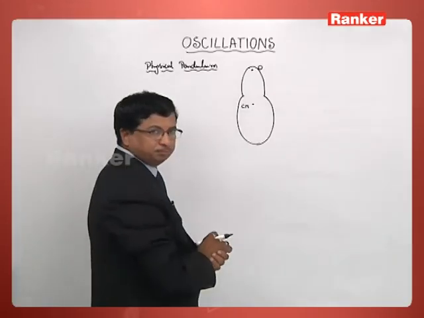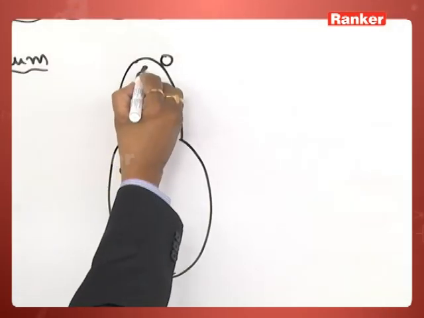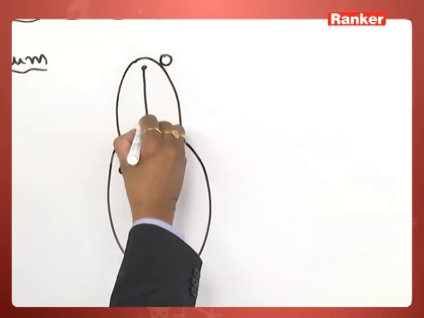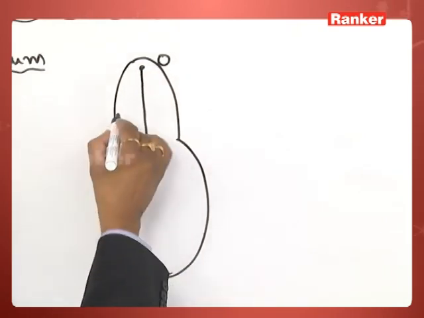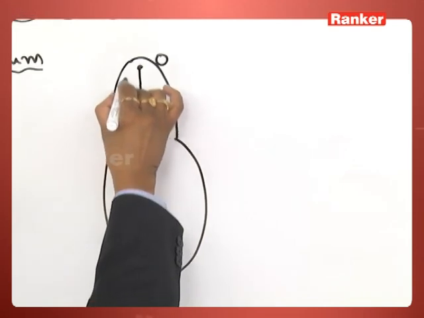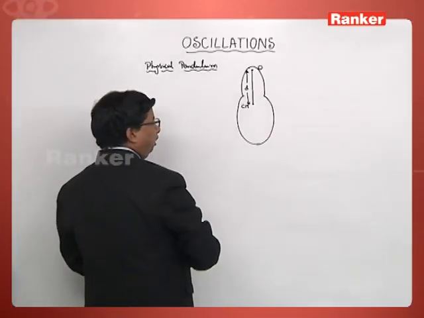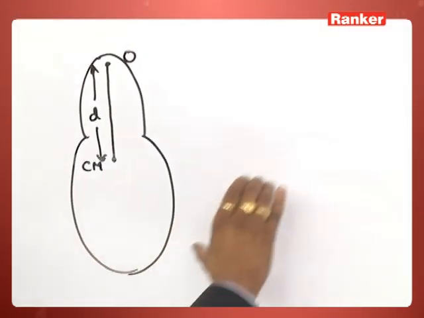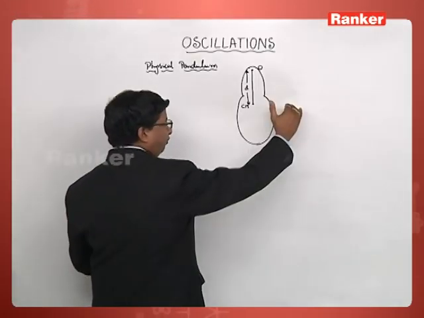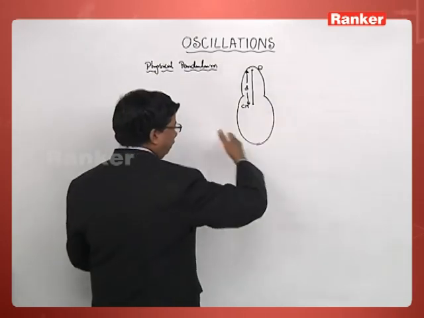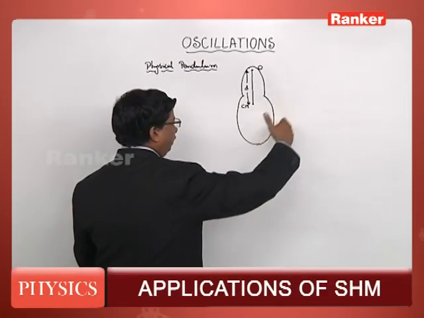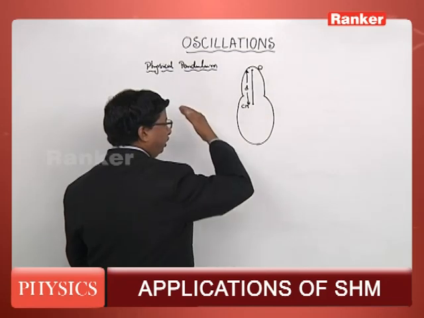The distance to this center of mass, I consider as d. Now, when I move this aside a little and leave it, it also oscillates simple harmonically like this.